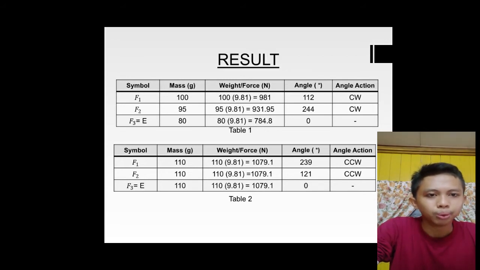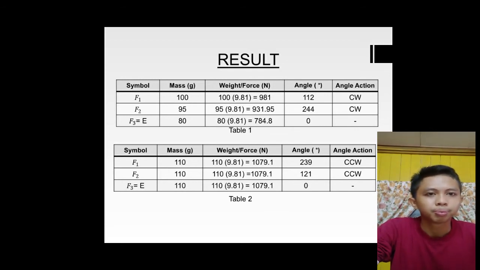Table 2. F1: mass 110, weight 110 times 9.81, angle 239, direction CCW. F2: mass 110, weight 110 times 9.81, angle 121, direction CCW.